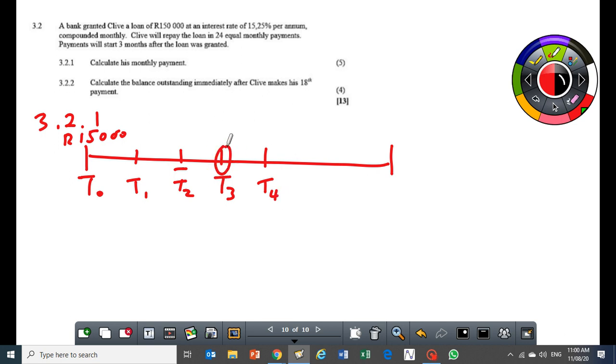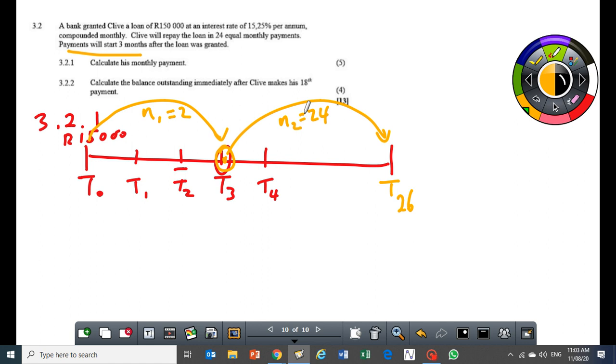If you remember, the previous question, 1.3, said that the loan accumulates interest over 3 months. The question says payment will start 3 months after the loan was granted. First month, second month, and this is where the third month is, where the payment is going to be. Three months have passed up to this point. That's when the payment is made. But then why is it only compounded twice?